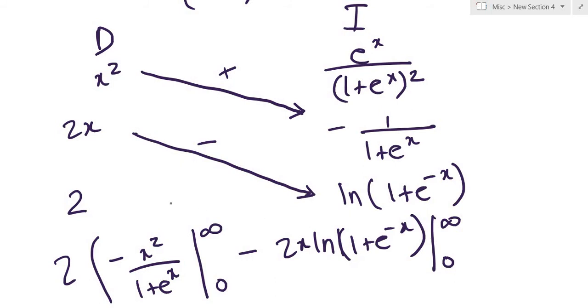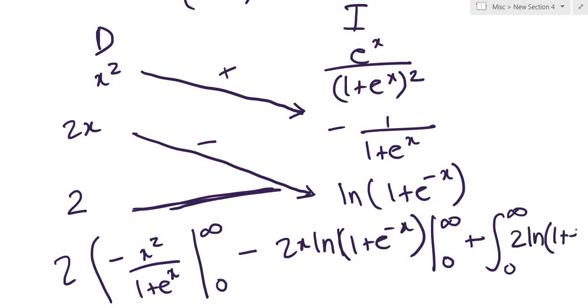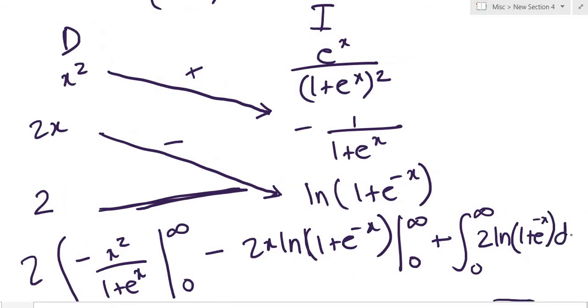And then I said, let's take the adjacent terms and just put them inside an integral. So plus the definite integral from 0 to infinity of 2 times the natural log of 1 plus e raised to minus x dx.